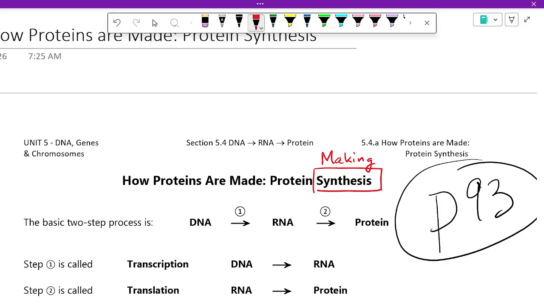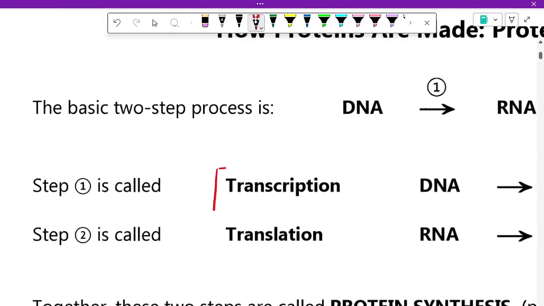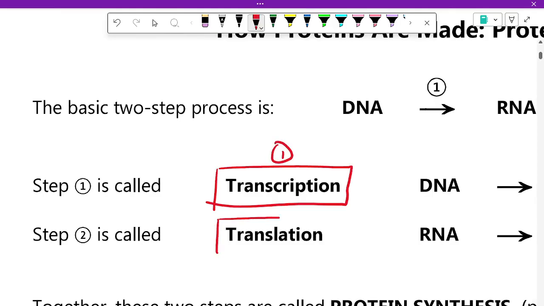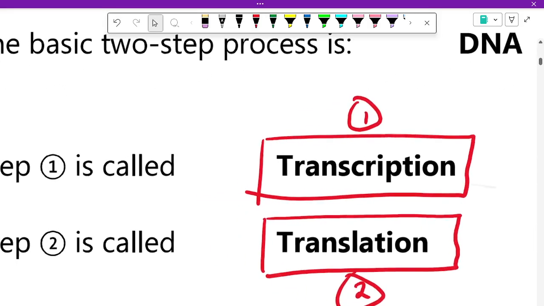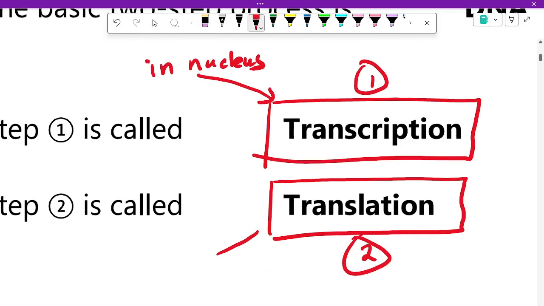Step 1 is called transcription, and step 2 is called translation. Where does transcription take place? It happens in the nucleus. Where does translation take place? In the cytoplasm.